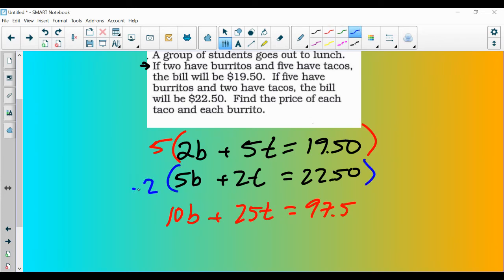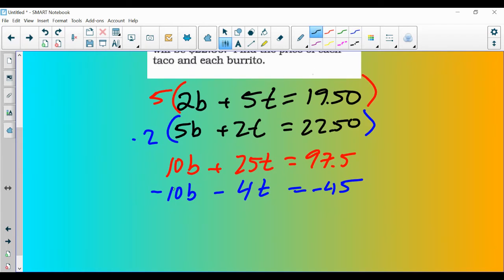Remember, the reason I'm multiplying it by a negative is because I want them to have the same coefficient, but one be positive and one be negative. If I multiply this by -2, that will give me -10b minus 4t is equal to 22.5 times -2, which is -45.